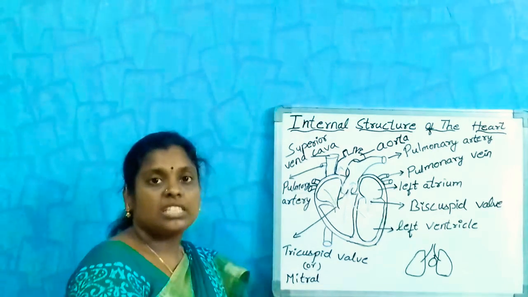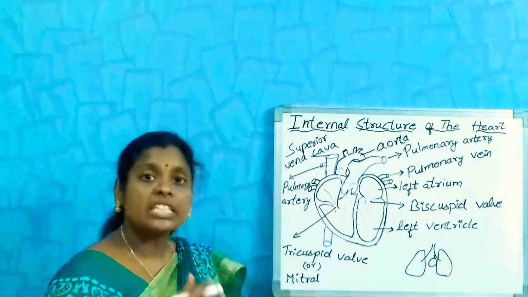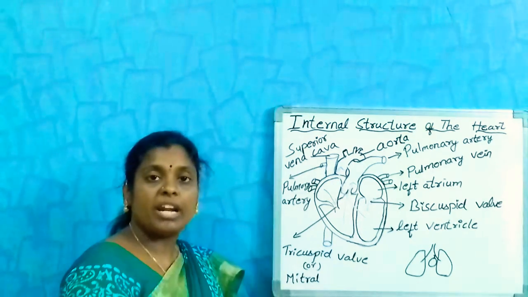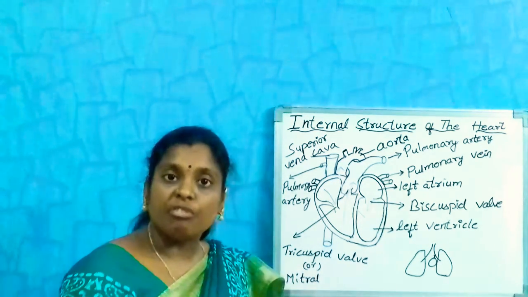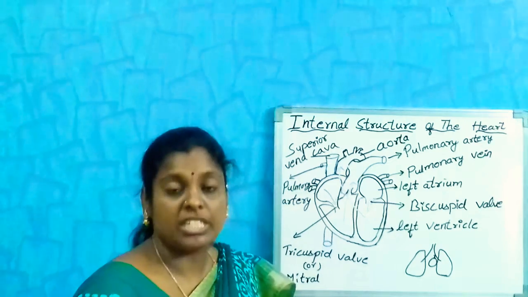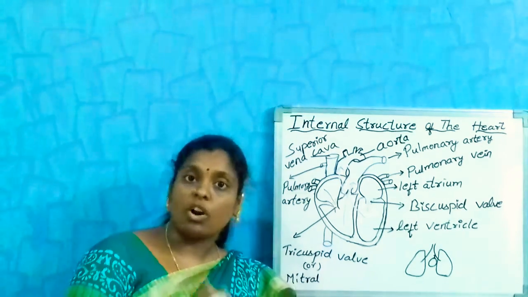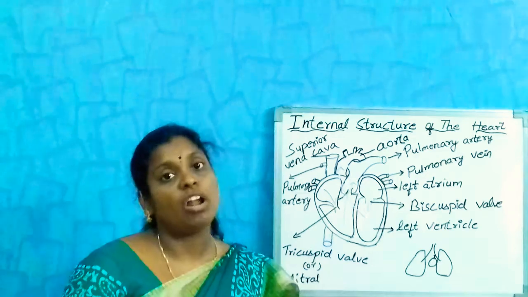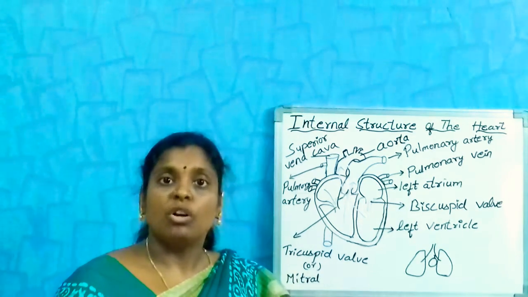In the previous class, you learned that arteries carry oxygenated blood, whereas veins carry deoxygenated blood. That is the impure blood, consisting of carbon dioxide, whereas the oxygenated is called pure blood, consisting of oxygen.